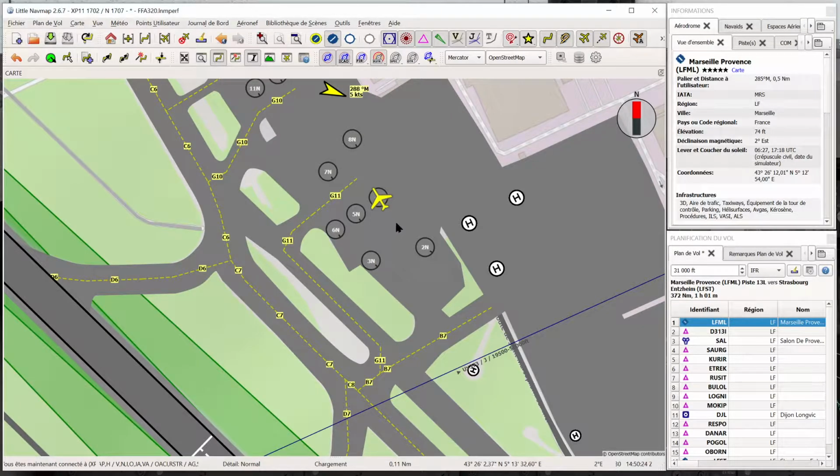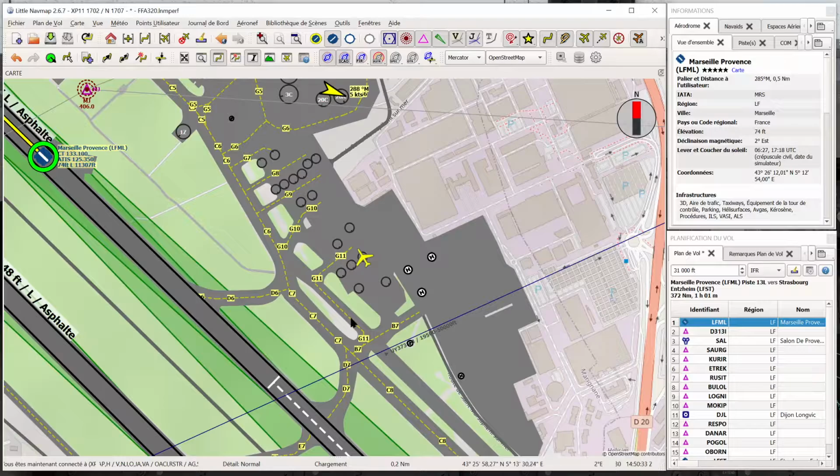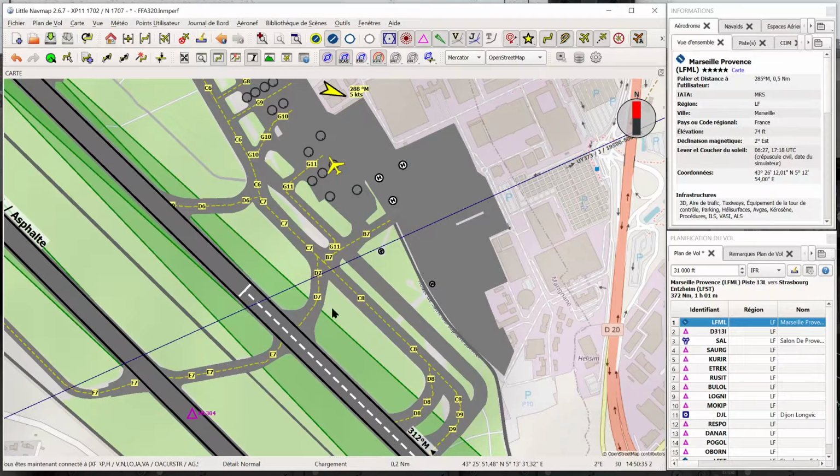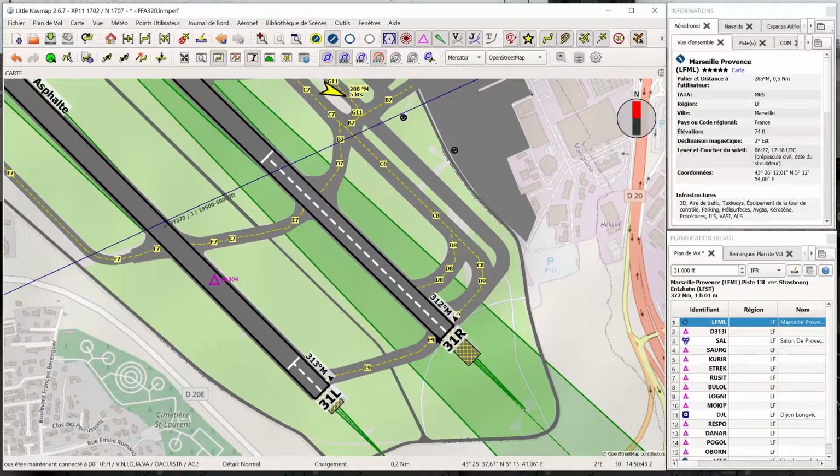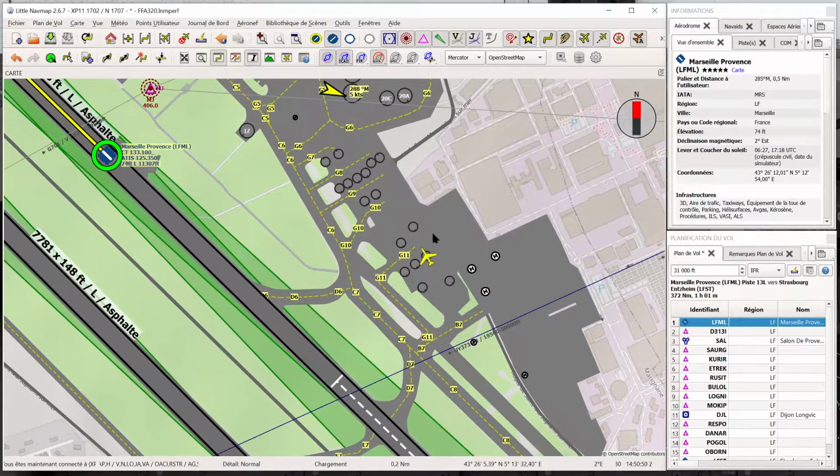Pushing back nose right, come back via Golf 1-1, left on Golf 1-1, then right on Bravo 7, and all the way, cross 31 right and holding point 31 left. So I wonder if we can go in between. Let's have a look.